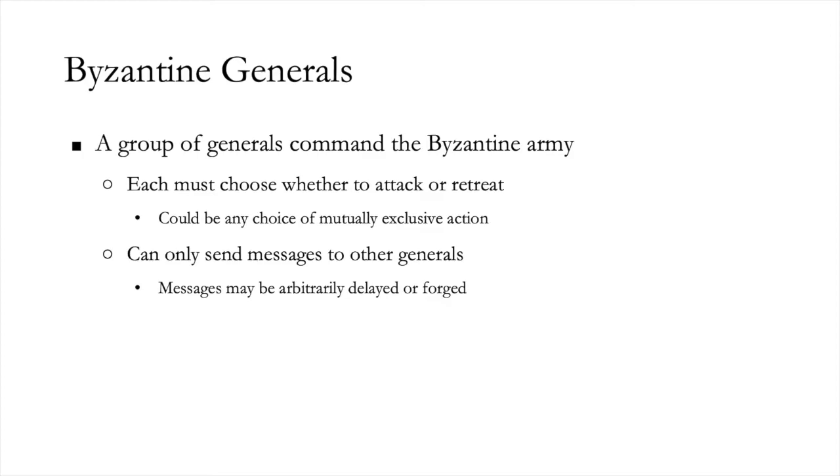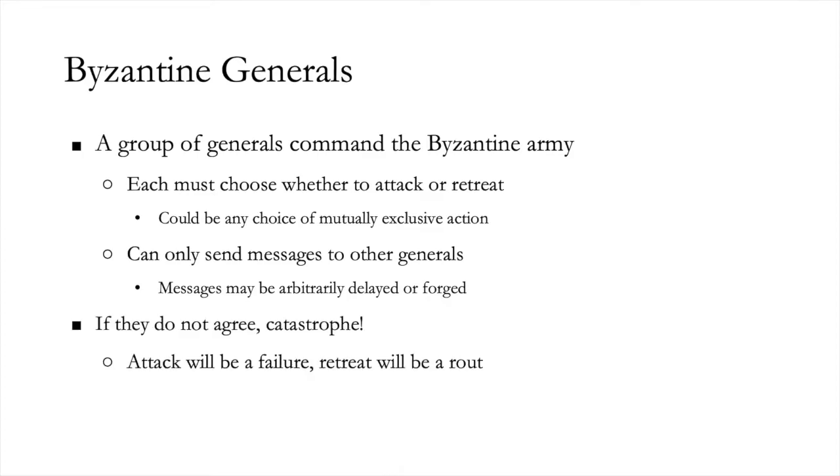And they can send messages to other generals to coordinate. It's essential that they coordinate because if they take different actions at the same time, catastrophe will occur. If some attack and some retreat, the attack will be a failure because they didn't have enough troops, or the retreat will be a rout because the army within the city perhaps comes out and encircles their retreating forces.